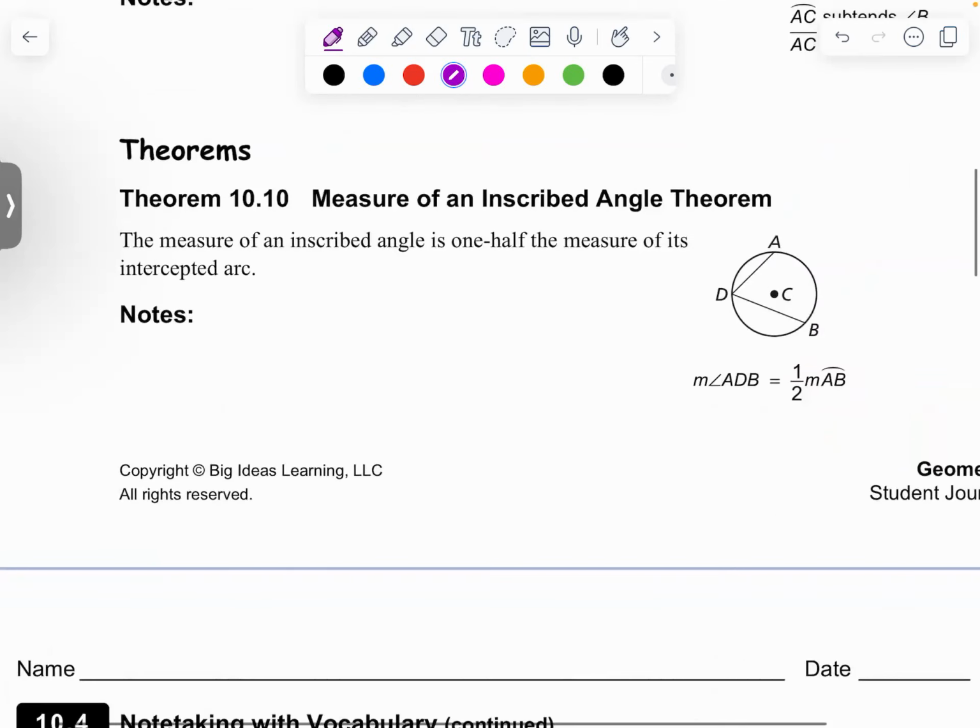All right, so down here under theorem 10.10, I would like you to draw this picture for us to do this example. Okay.